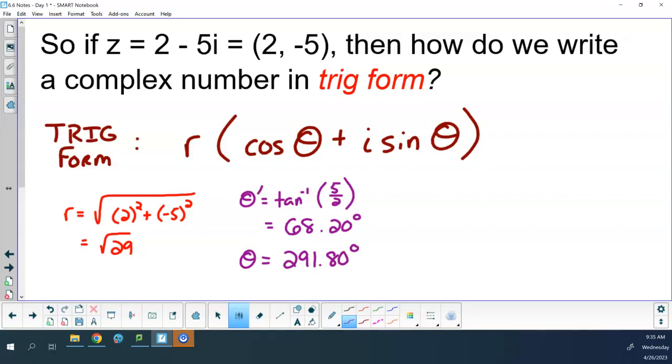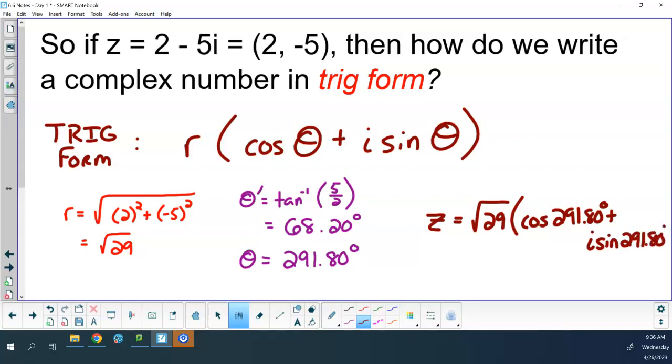So the trig form of this complex number would be z equals the square root of 29 times the cosine of 291.80 degrees plus i times the sine of 291.80 degrees.